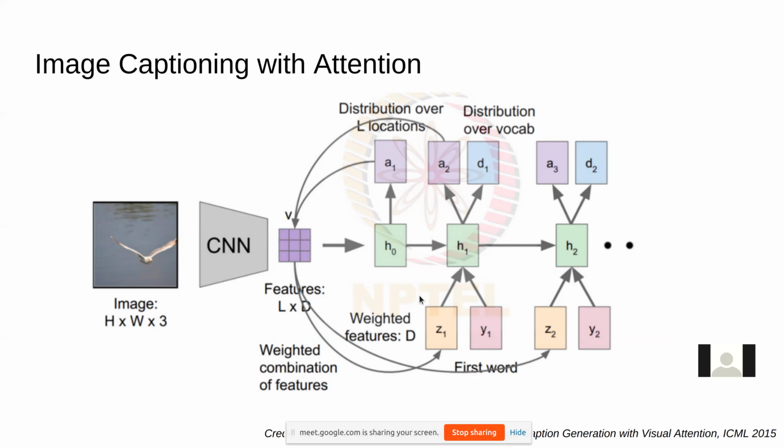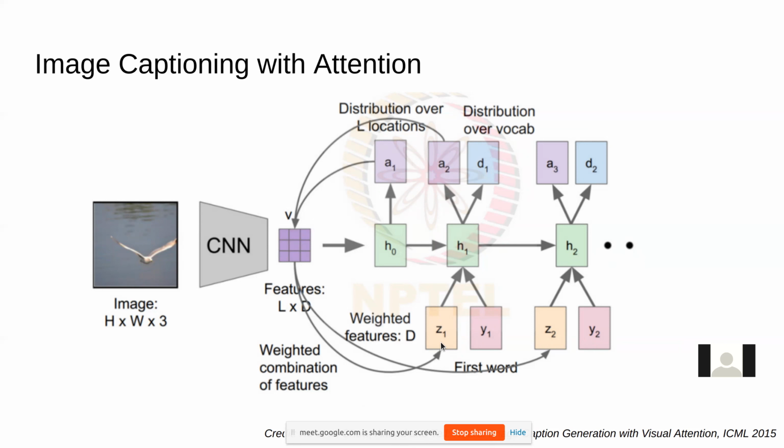And now what will happen is that if you look at this RNN, it has some hidden state H0. It will also use these features, and at the same time, it will predict the attention. So this A is representing the attention corresponding to the word D1 to be predicted. Okay, so it will predict the attention A1, which will then be multiplied with this feature map, and that will be given as an input to the next state.